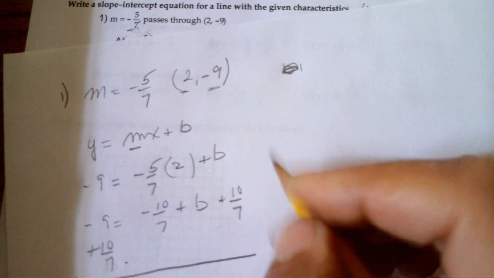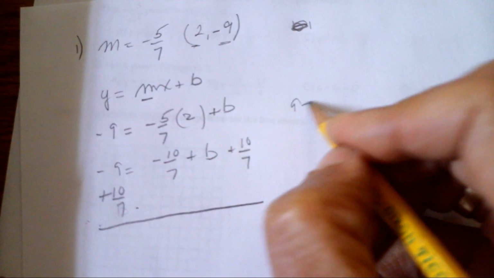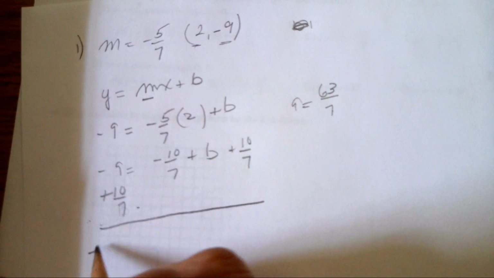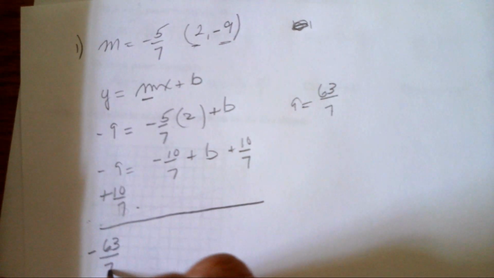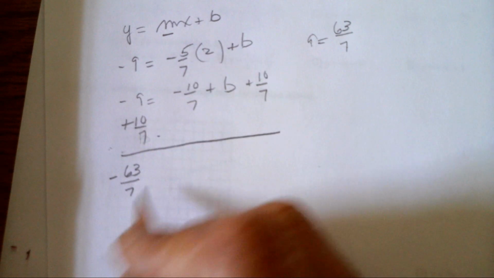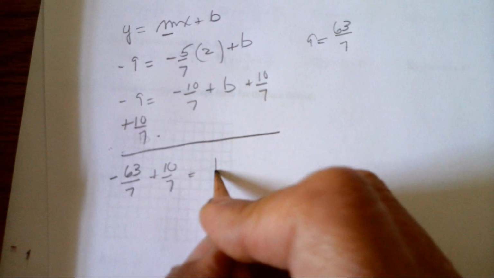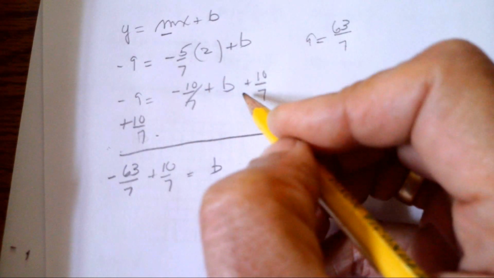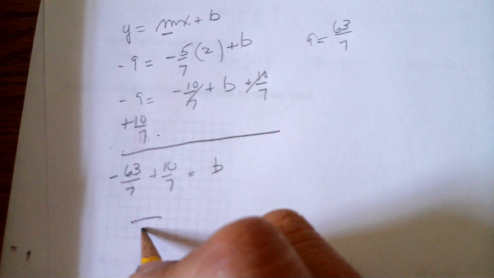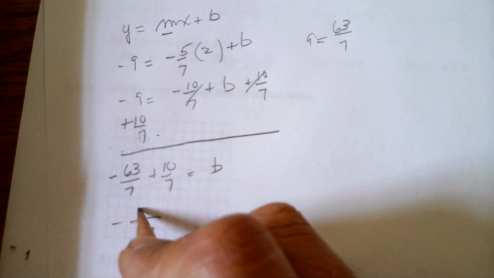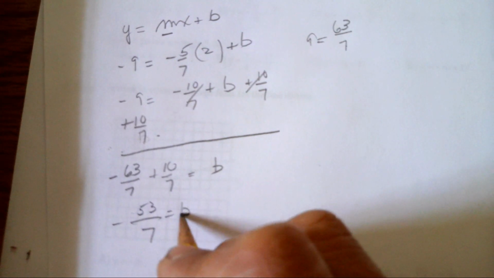So the whole number 9 is the same thing as 7 times 9, 63/7. So I got a -9 or a -63/7 added with a positive 10/7 is equal to my b value, since these two guys canceled out. So my denominator is 7, minus 63 and a positive 10. Difference is a minus 53. So there's my b value.